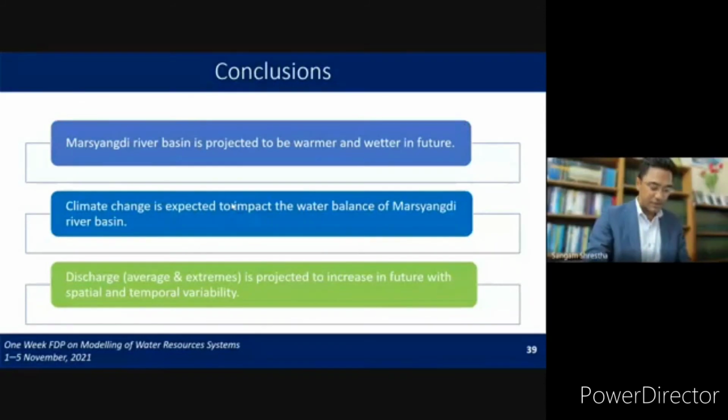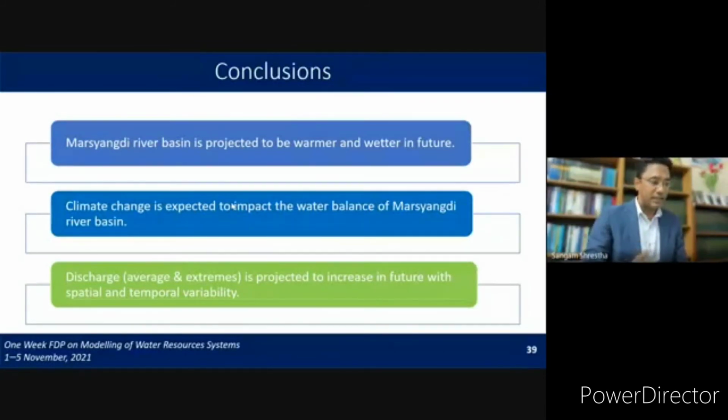Water balance consists of rainfall, runoff, and other components like groundwater, lateral flow, and so on. So it matters not only from the hydropower perspective, but also for other water resources management objectives. If the water balance changes, the planning has to be done accordingly.